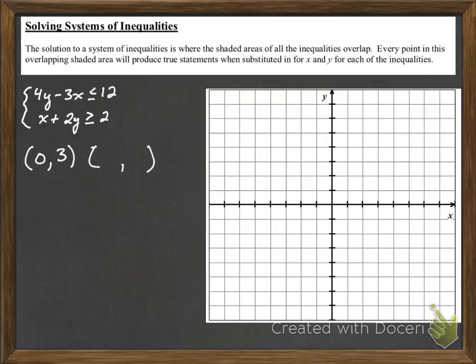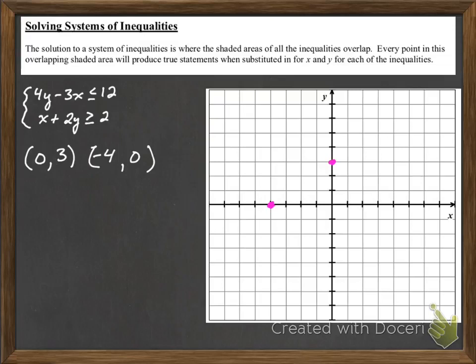And then put 0 in for the y value, which means you have negative 3x less than or equal to 12, so x is negative 4. All right, so that gives us these points, (0, 3) and (-4, 0).